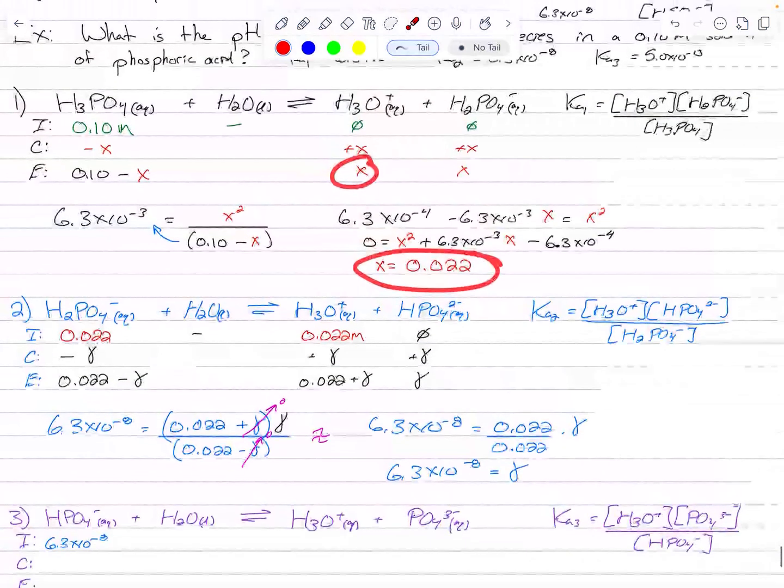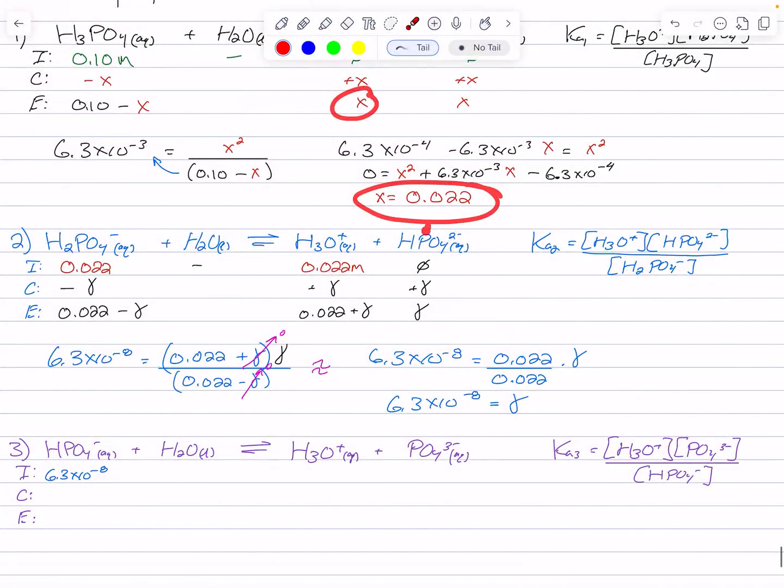So if I scroll back up, there you go. And you have this. Well, what is 0.022 plus 6.3 times 10 to the minus 8?